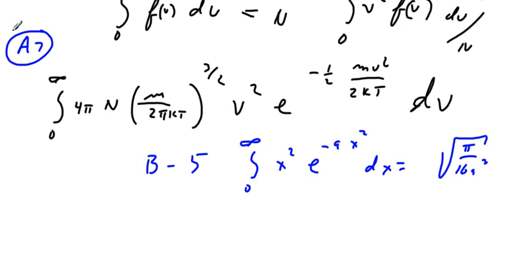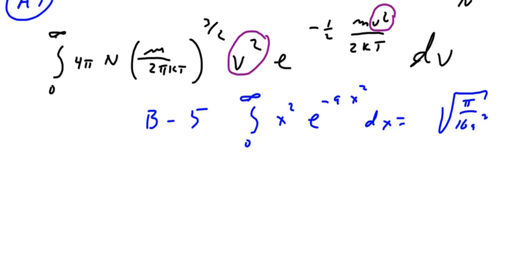And then I say, well, this looks sort of like that. It looks like I've got something that's x squared, and here I have something e to the minus x squared with something in front of it. So now, if I could manipulate this somehow to look more like what I have in the table, then I could get the answer. Okay, and this is a cubed right there.